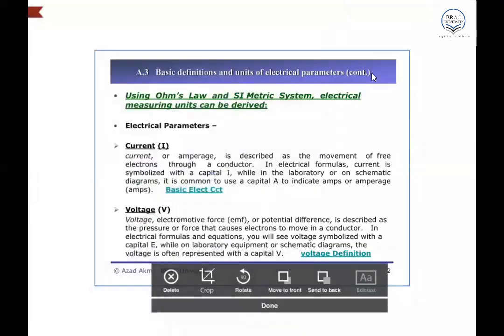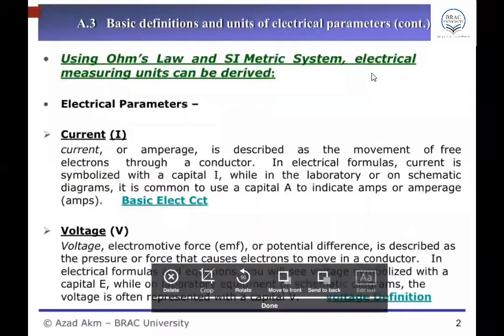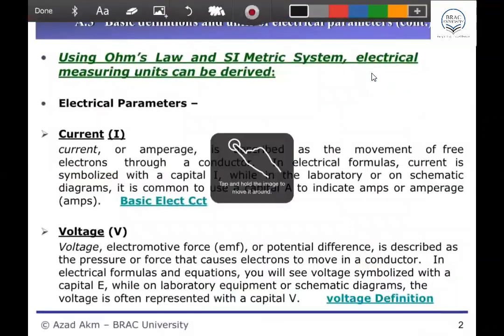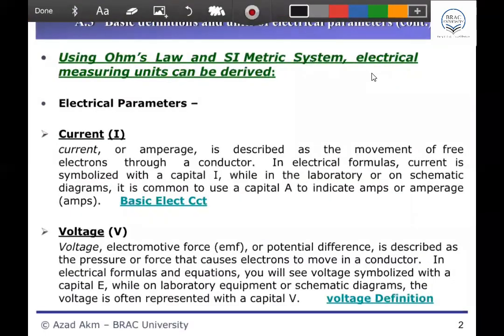In the next slide you can see basically the basic thing we are going to see here, the signal. So the electrical signal, the first one we can think about is current. What is current? It's nothing new to you. You already know that current is nothing but the free electron movement through the conductor. So these electrons are flowing through the conductor, and the amount of free electrons flowing through the conductor is more or less.